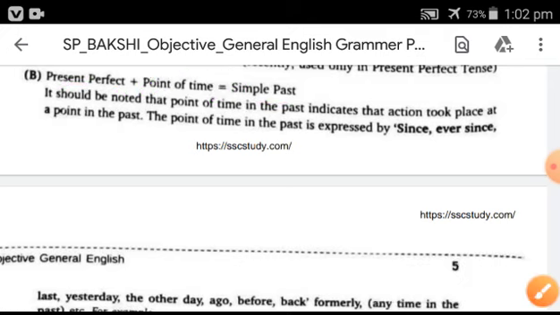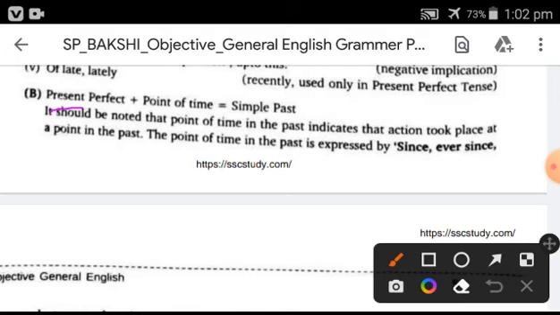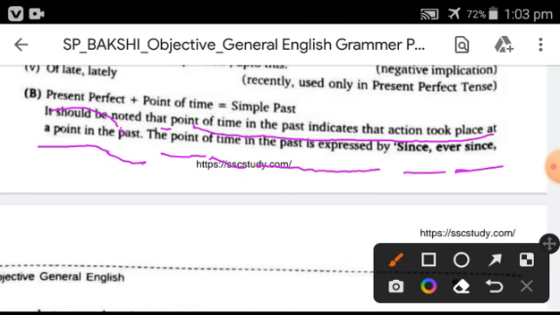It should be noted that the point of time in the past indicates that the action took place at a point in the past. A point of time in the past is expressed by since, ever since. These are the words which help us in determining whether the sentence is going to be written in present perfect or in simple past.